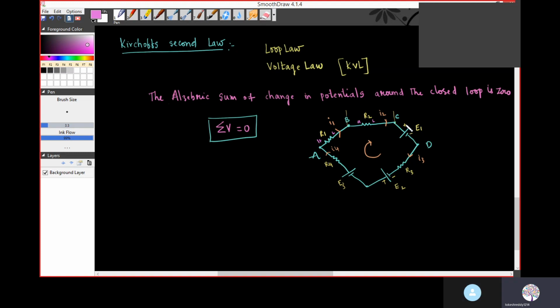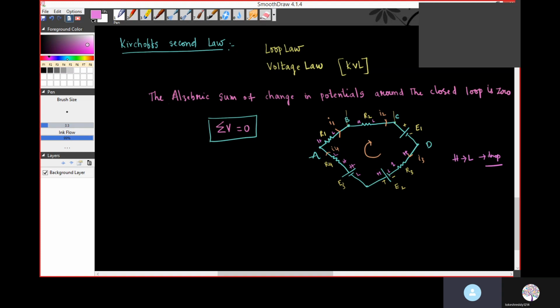Negative terminal is low, positive terminal is high. Current is flowing in this direction, so this is high, this is low. Now when current is flowing from high to low, then I will take it as a potential drop.